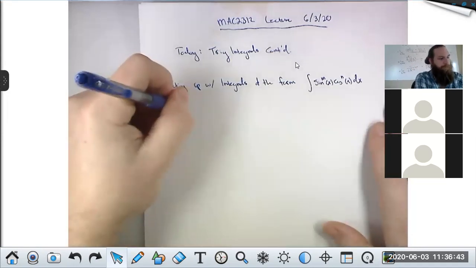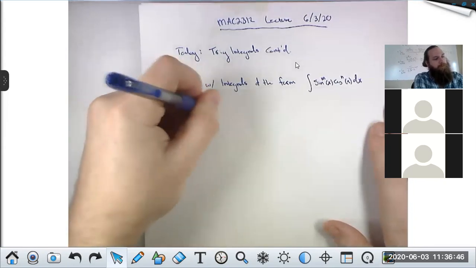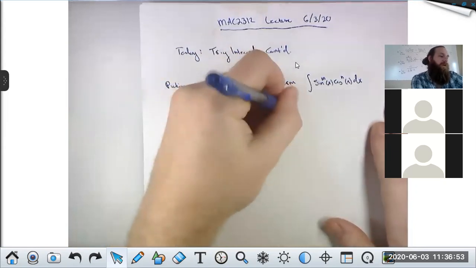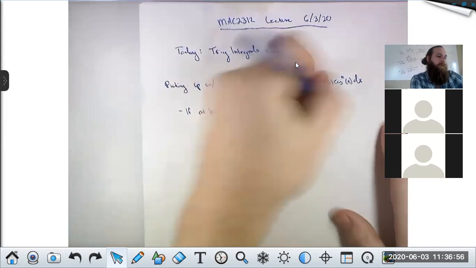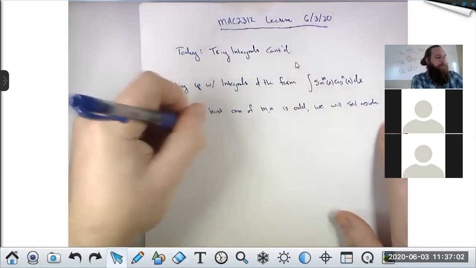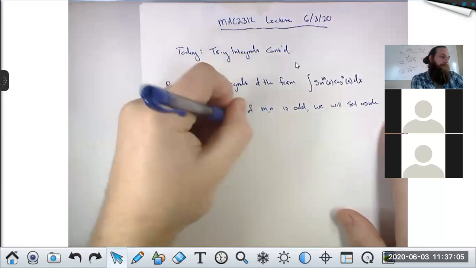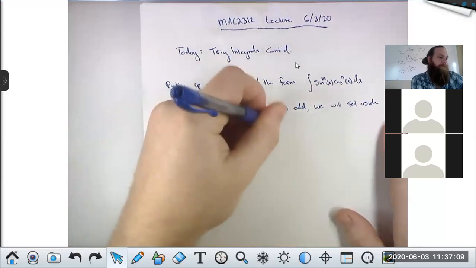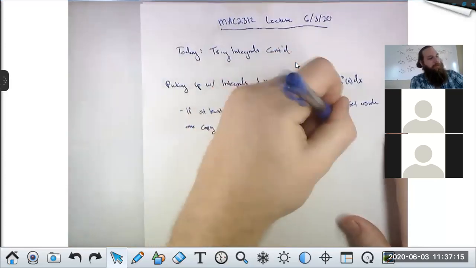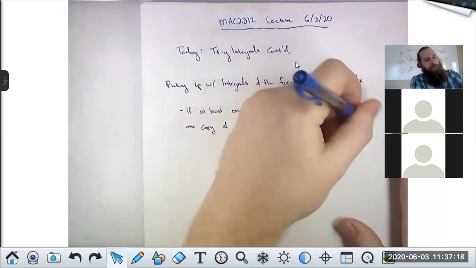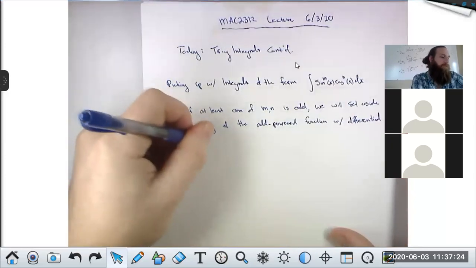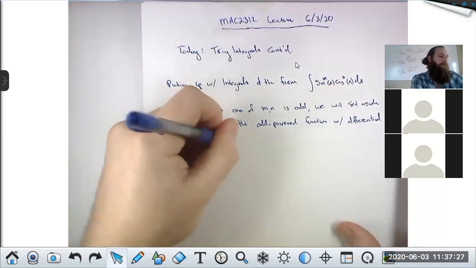So if at least one of m or n is odd, we will set aside one copy of the odd powered function with the differential and substitute for the other function.